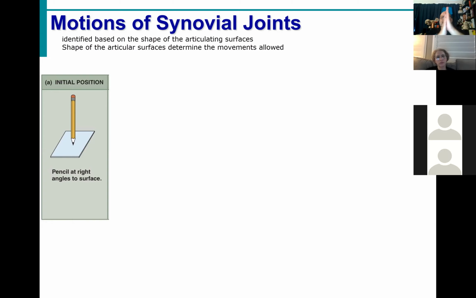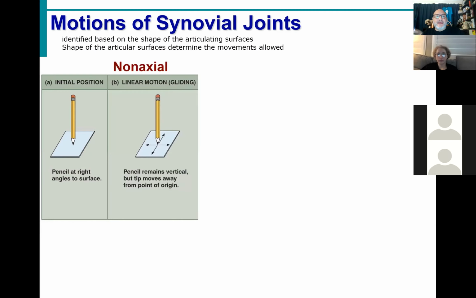Notice your hands can slide back and forth across the surface of each other, but the angle between them doesn't change. That type of movement is what we call a gliding motion. And it is a non-axial motion. There's no change in the axis. There's no change in the angle. All right, so that is a gliding motion.